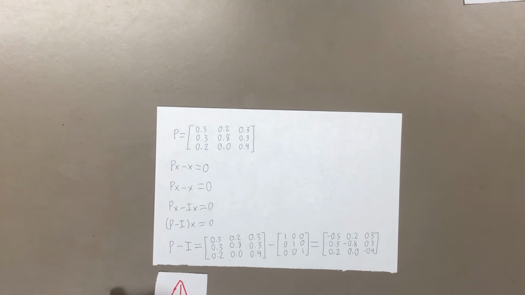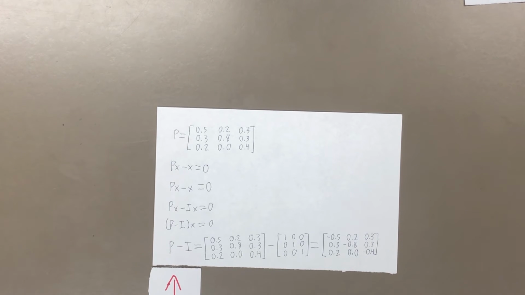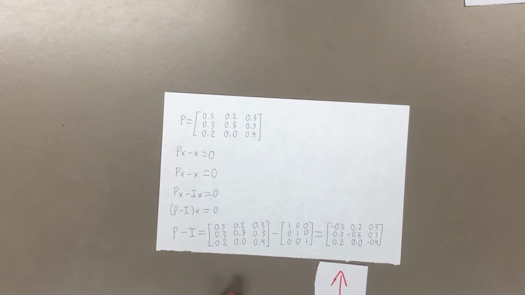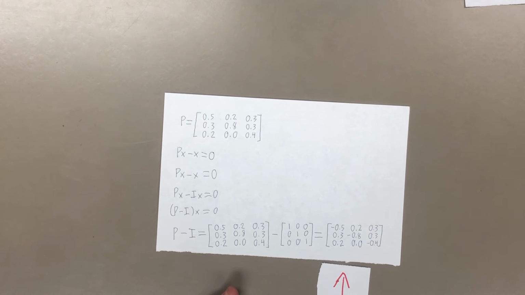We can factor out P minus the identity matrix, and we can solve for that. We end with this matrix: negative 0.5, 0.2, 0.3, 0.3, negative 0.8, 0.3, 0.2, 0, negative 0.4.